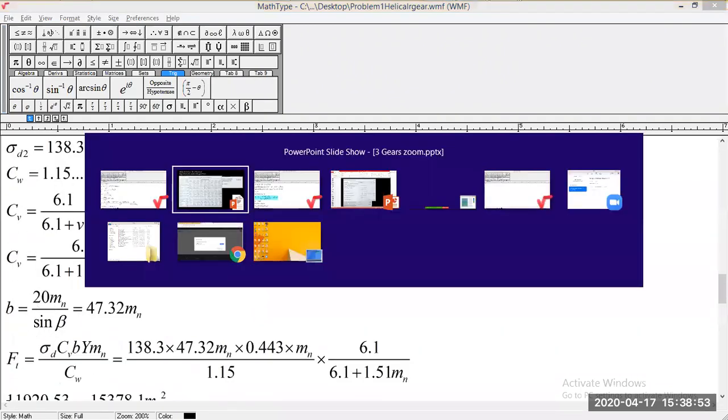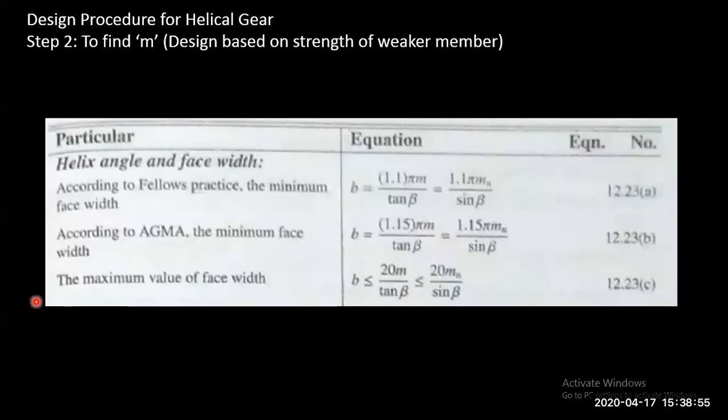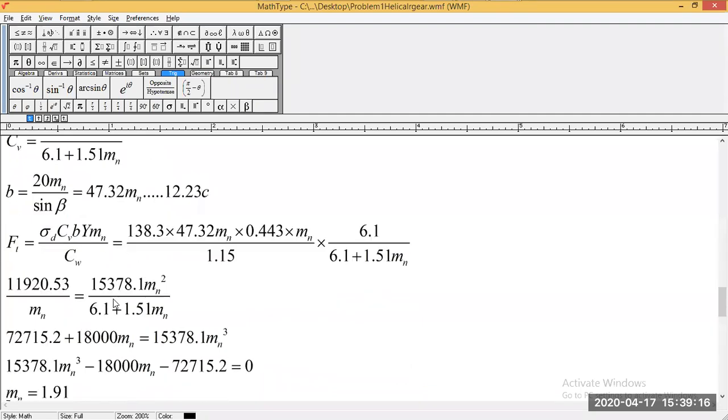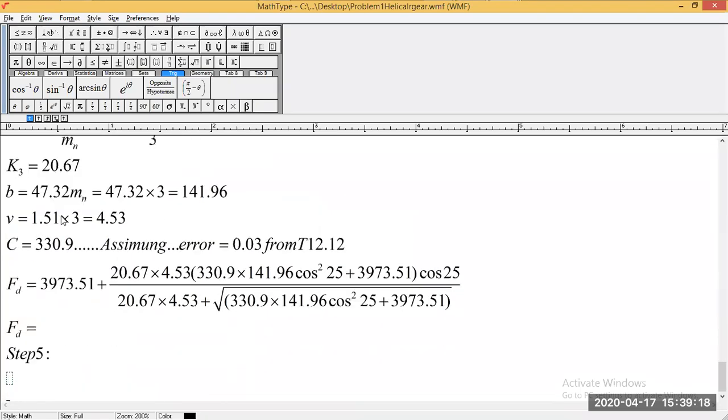Going back to the presentation, I'll show you. Yeah, this one. So B is given in 12.23C in that equation. So the same B we have taken. This B we have chosen and we just substituted it here. Already previously in step 2 itself it is known. I hope this answers.